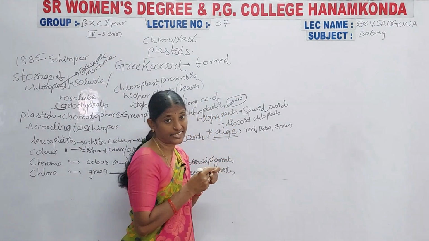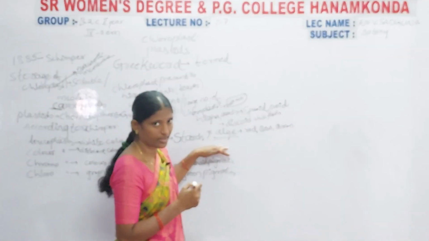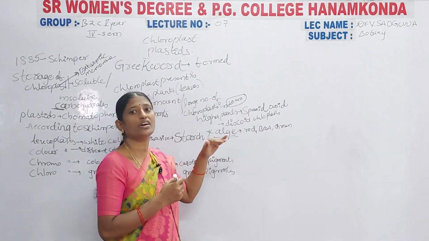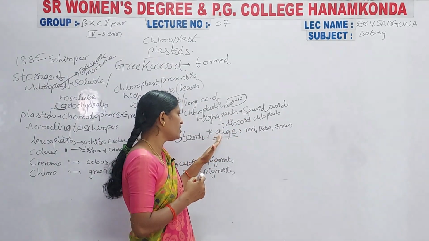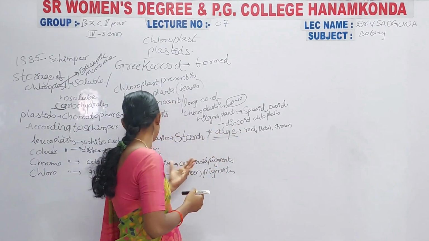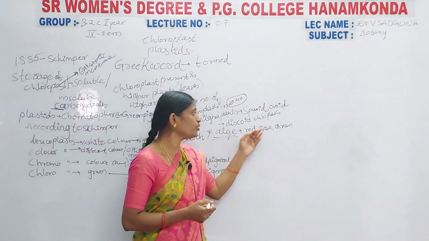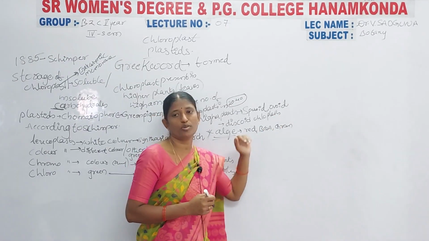So chloroplasts are present in higher plants and also in algae. Algae also have different types of chloroplasts, with red, blue, green or brown pigments.